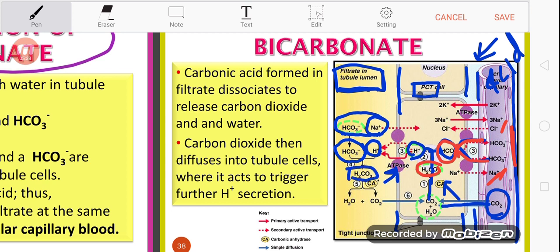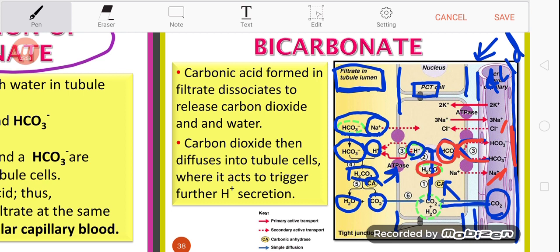Carbonic acid, with the help of this enzyme here, carbonic anhydrase, will form back into water and carbon dioxide. So this is in the principal cell of the proximal tubule.